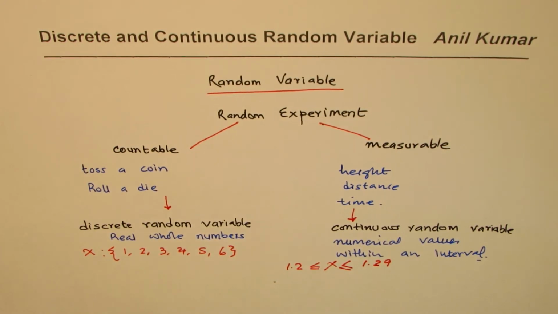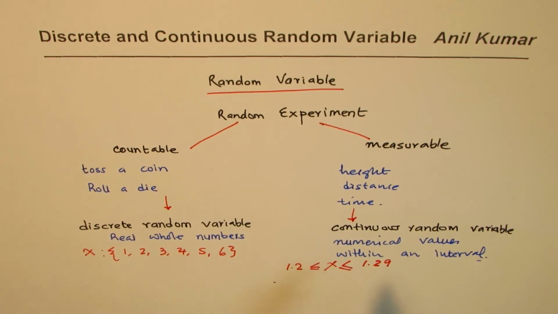So the idea here is that whenever you're talking about continuous random variables, we are talking about an interval, and whenever we're talking about a discrete random variable, we're talking about a value.